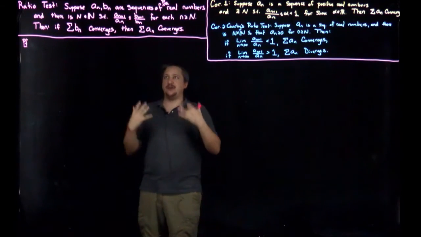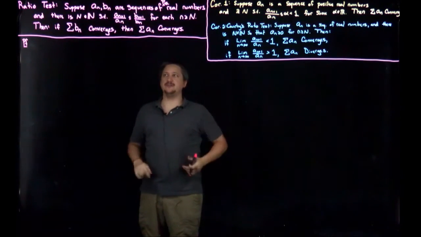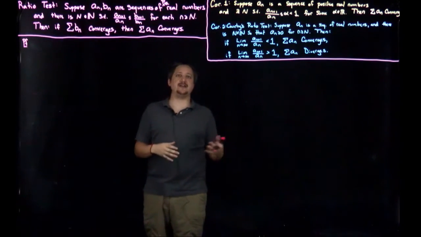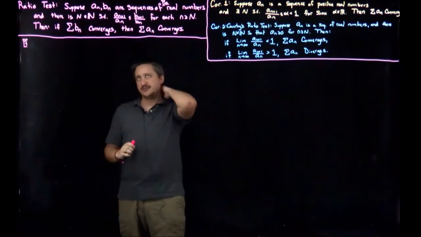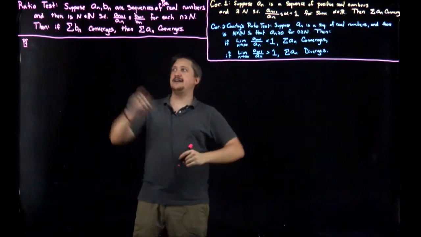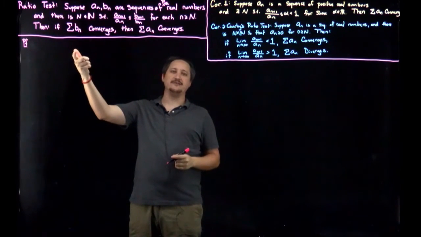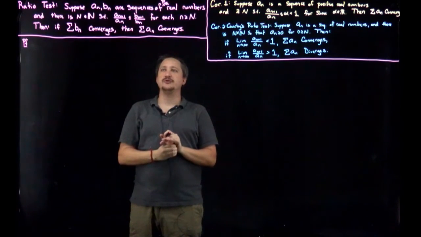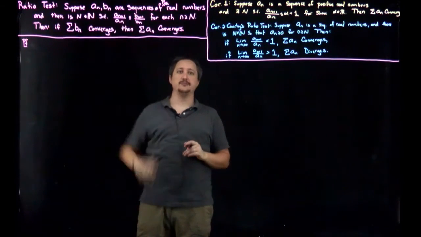If you have this set up, then the theorem says that if the series of b_n converges, then the series of a_n converges. In some sense, it's similar to the idea that if a_n is smaller than b_n and b_n converges, then a_n converges, except instead of using the terms directly, we're now using the ratio of the terms, okay?